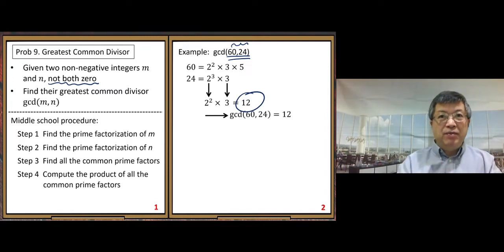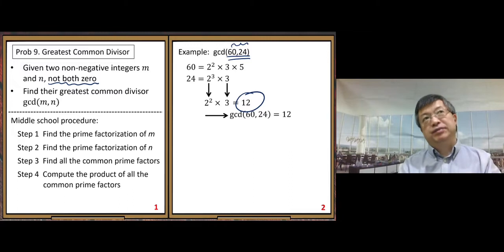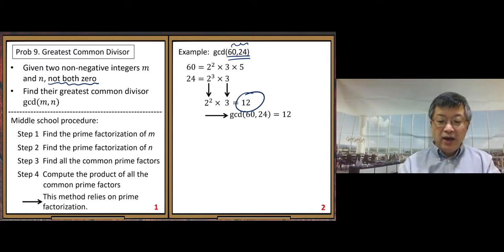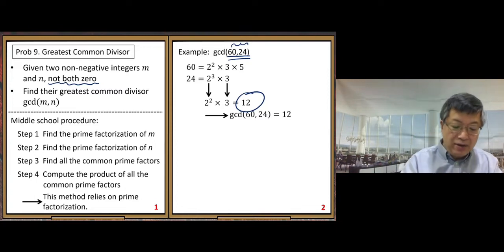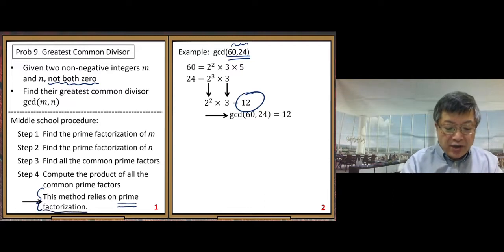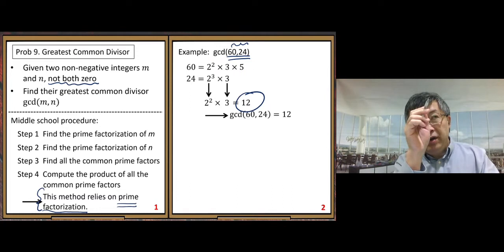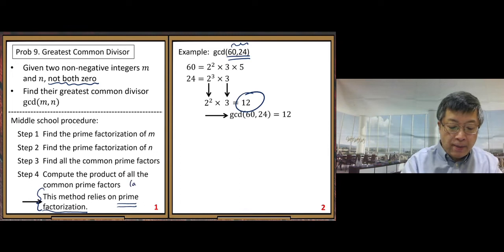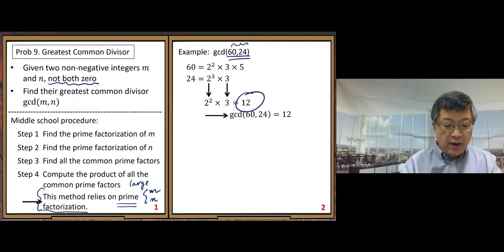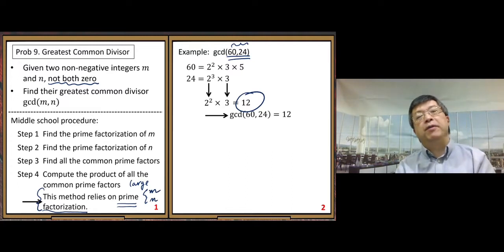After this example, now we want to look at the solution here. Before we go to the detail of the solution, let me point out that this method relies on prime factorization. And prime factorization for large positive integers, large m and n, is very difficult.